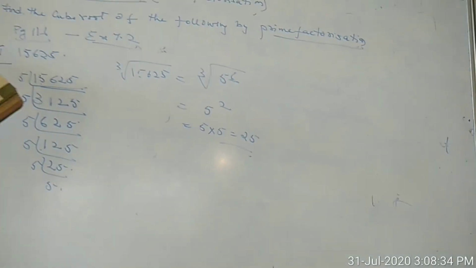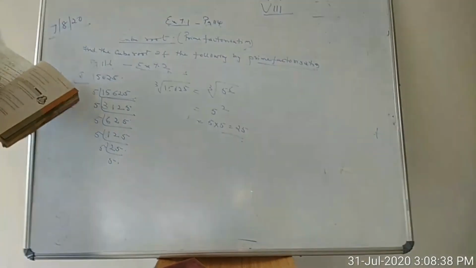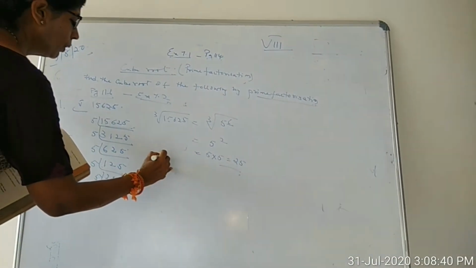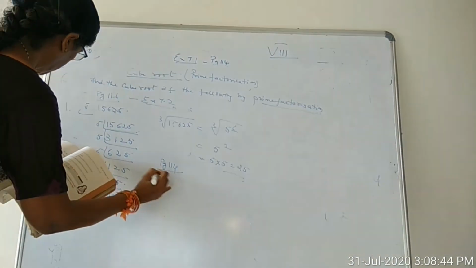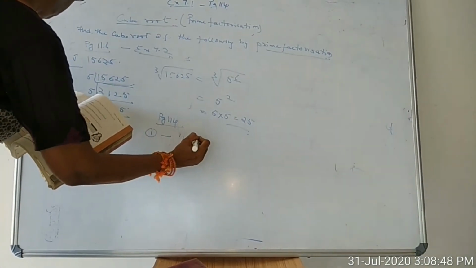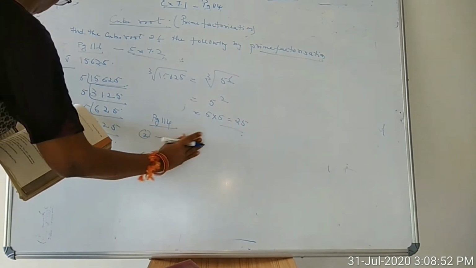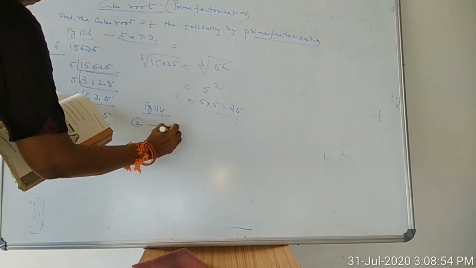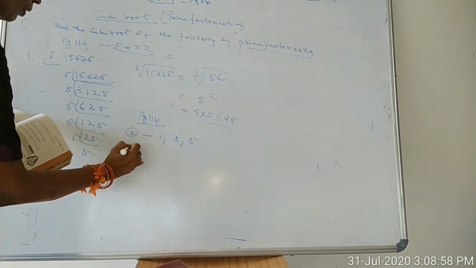Please note down the homework, children. All of you, note down the homework. Page number 114, Roman number 1, first sum, third sum, fifth sum.